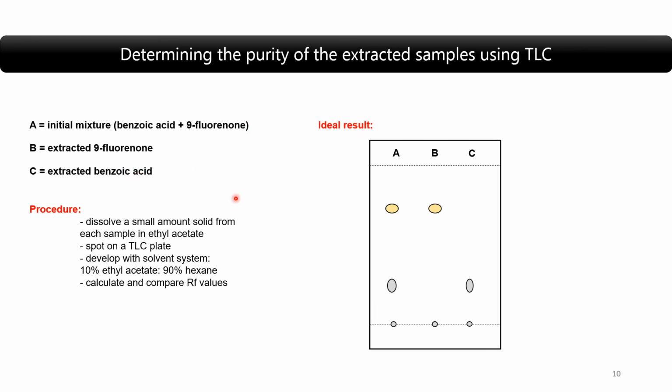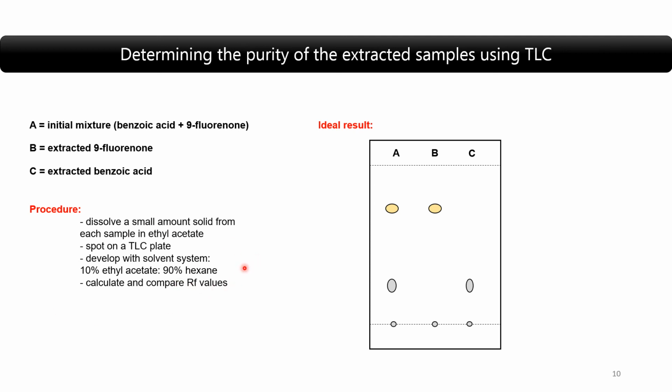Each of these solids are dissolved in a small amount of ethyl acetate, which is also a versatile organic solvent that can dissolve both of these compounds. And we will spot them on the TLC plate, and we will develop it in a solvent system that is made of 10% ethyl acetate and 90% hexane.